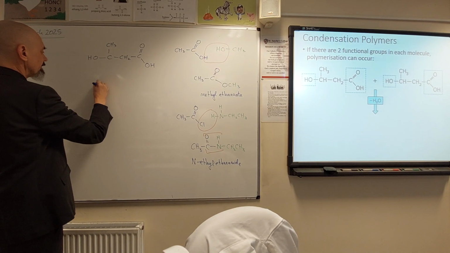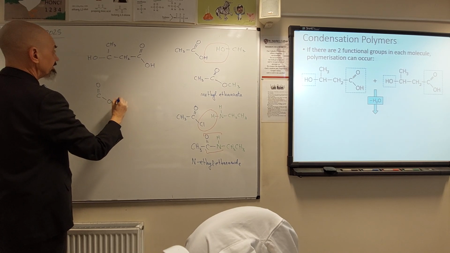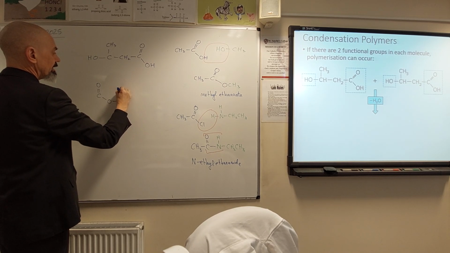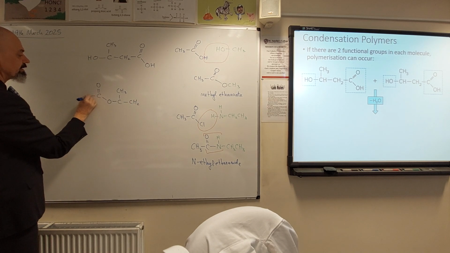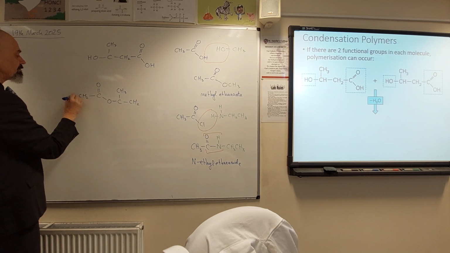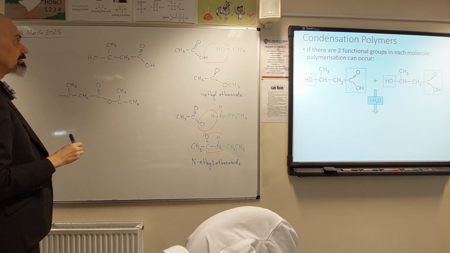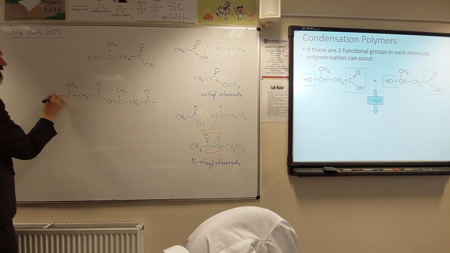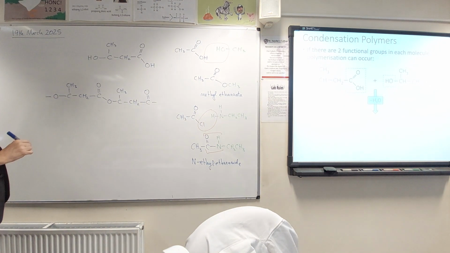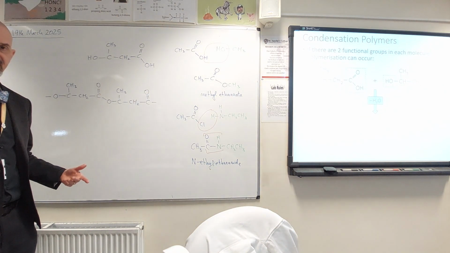So we can imagine that that acid there would form an ester with another molecule there, and then we'd have the rest of this molecule here, but then it would go on, and we'd have another acid there reacting, and we'd have another alcohol here reacting, and the polymer chain would just extend and extend and extend.